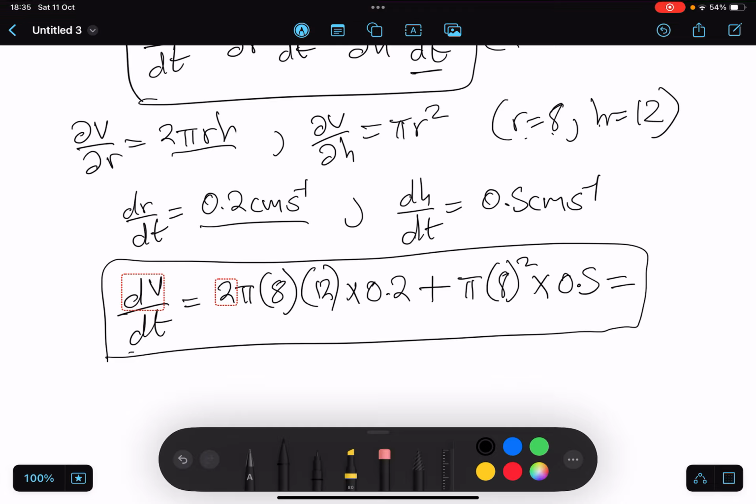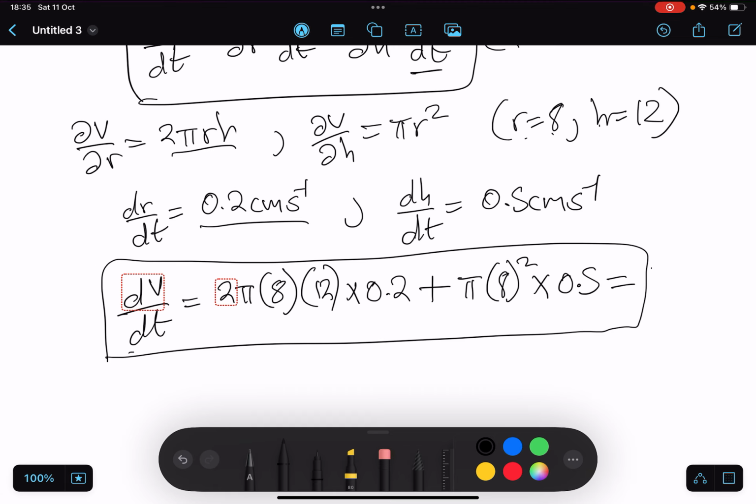So if you punch this into the calculator, we are going to have 2 pi times 8 times 12 times 0.2 plus pi times 8 squared times 0.5.